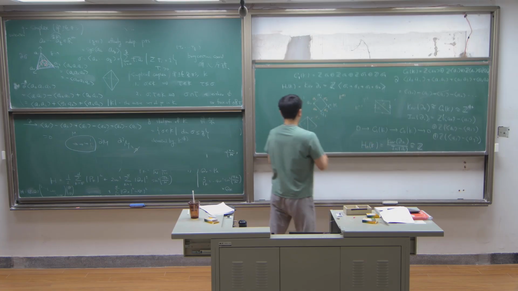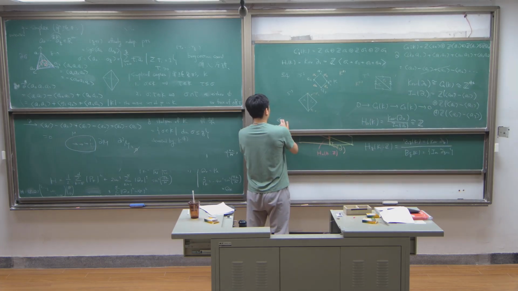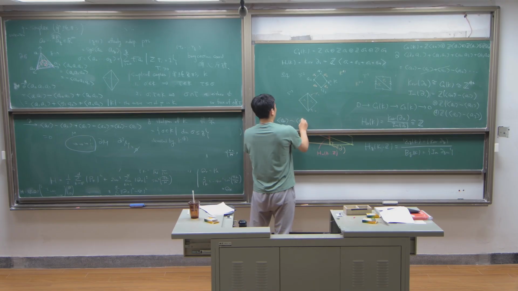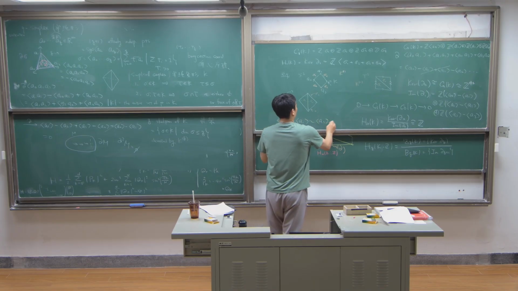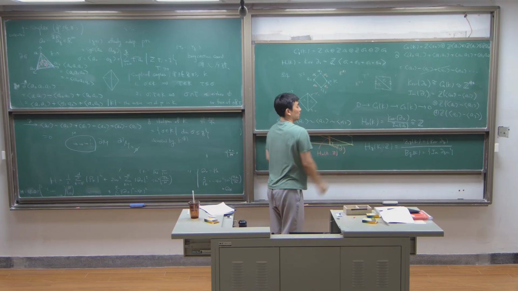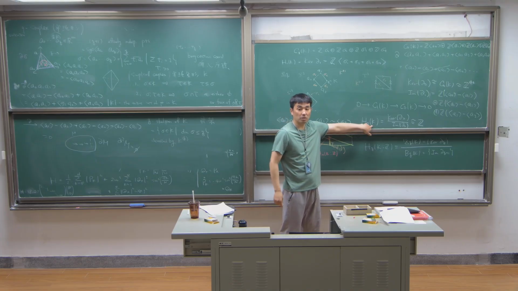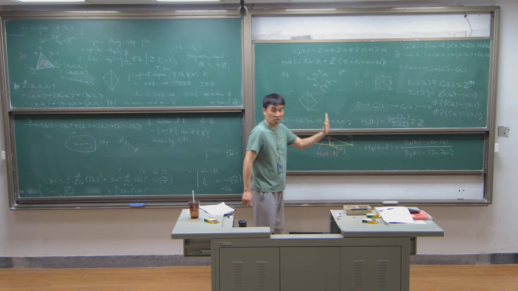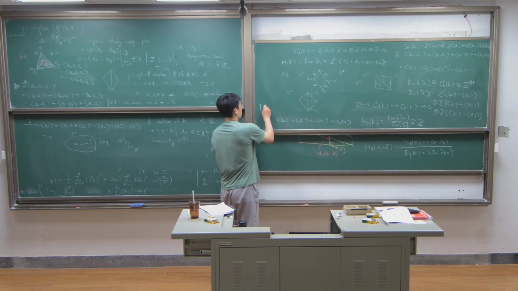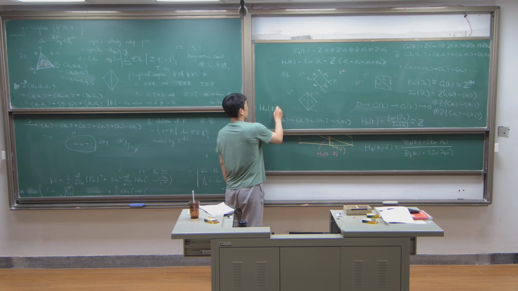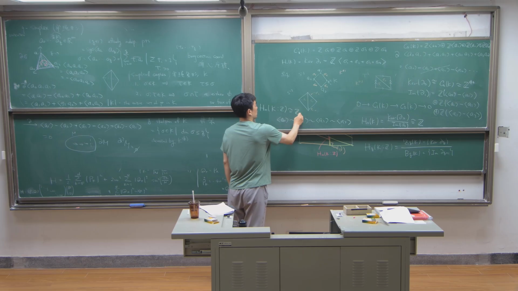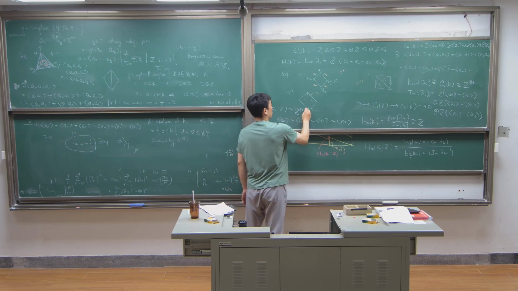So therefore, this means that A0 is A1, is A2, and A3, as an element of the homology group, 0-dimensional. Do you understand what I mean? Okay. So in general, the zeroth homology group of a simplicial complex is Z to the number of connected components.